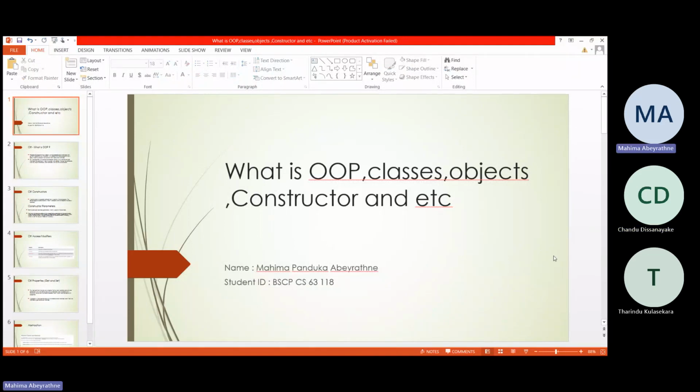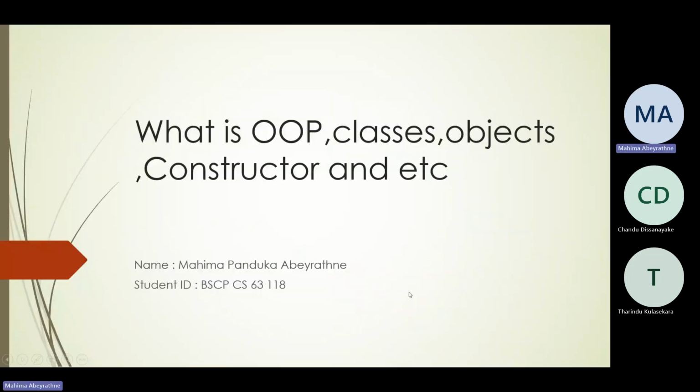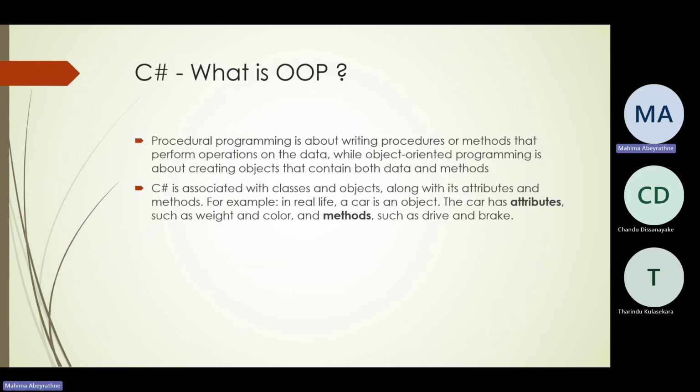I'm going to talk about what is OOP, classes, objects, constructors, and other things. In C Sharp, what is OOP? Procedural programming is about writing procedures or methods that perform operations on data, while object-oriented programming is about creating objects that contain both data and methods.